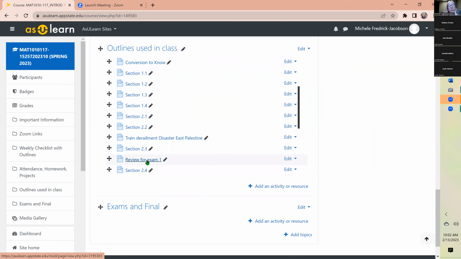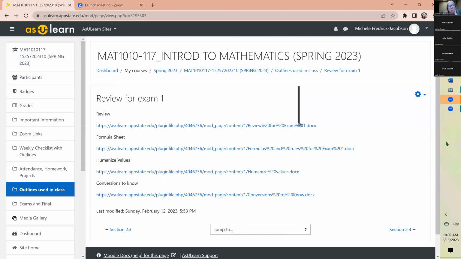So review for exam. Here's the review problems. Here's the formula sheet. Humanized values, conversions that you need to know. So everything you need is under review.